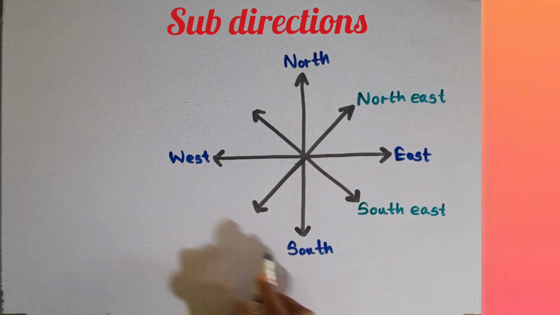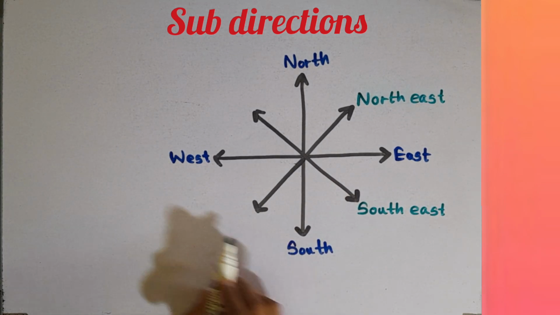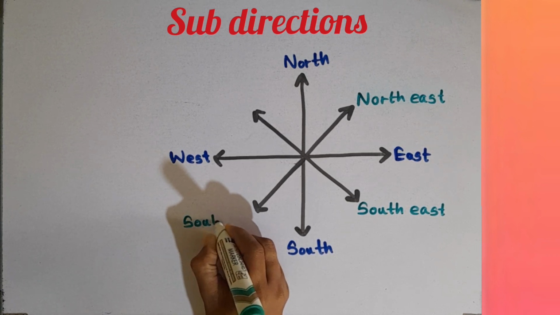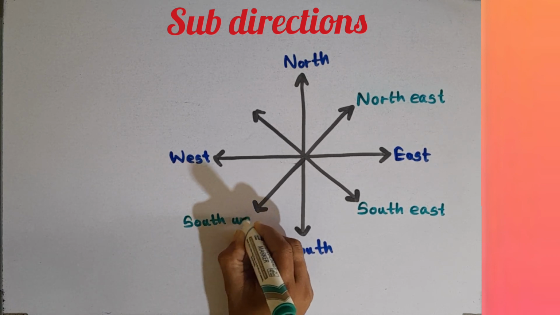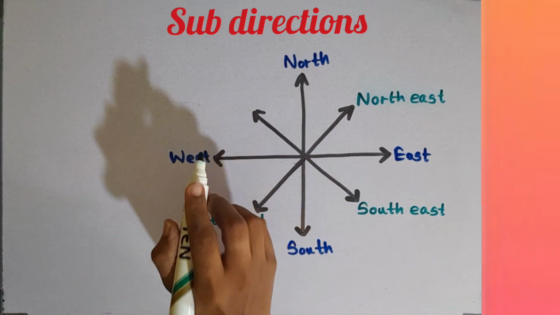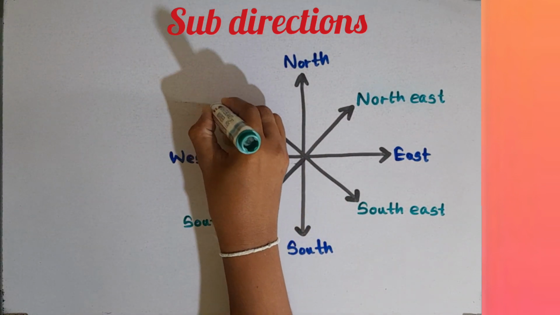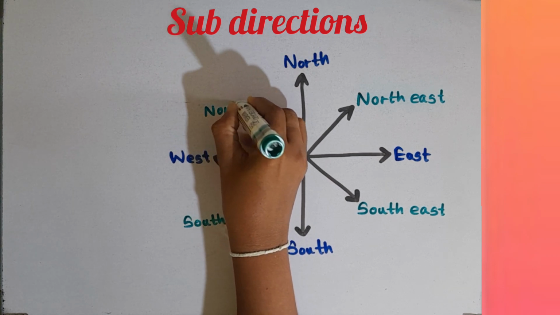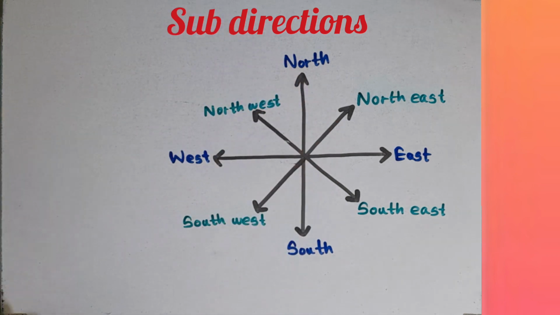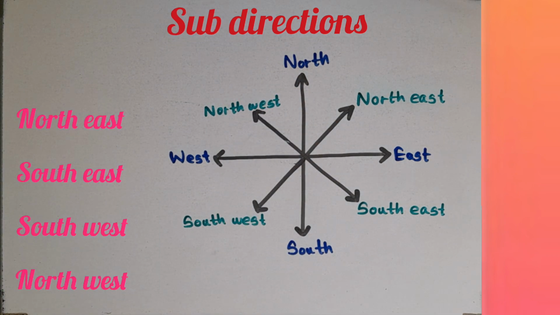Then between south and west we have southwest. Then between north and west we have northwest. So these are the 8 directions that we have to study in this lesson.